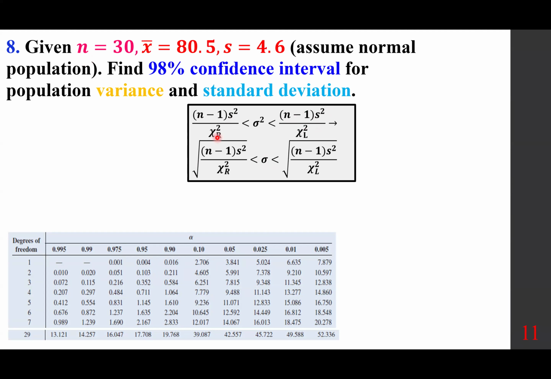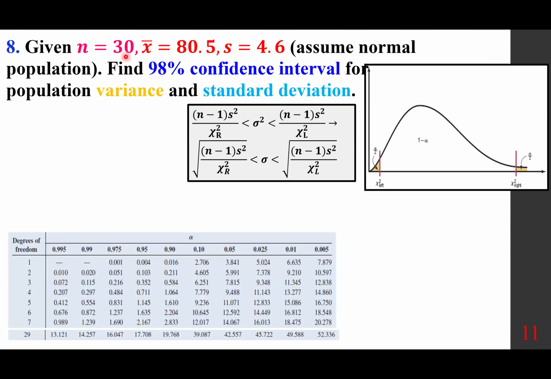We need s, it's given. We have to figure out the chi squared of the right and left, and it comes from the choice of 98% confidence interval, degrees of freedom of n minus 1, which is 29. So confidence interval, 98% here. That means 2% in two tails. Each one is 1%.